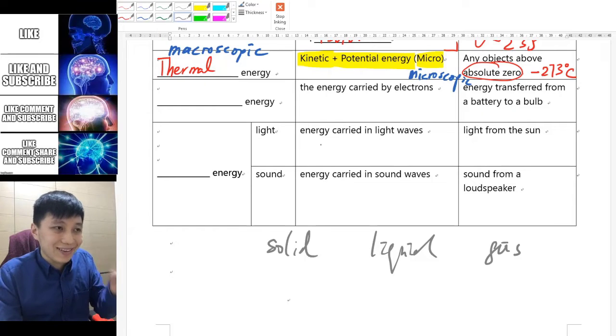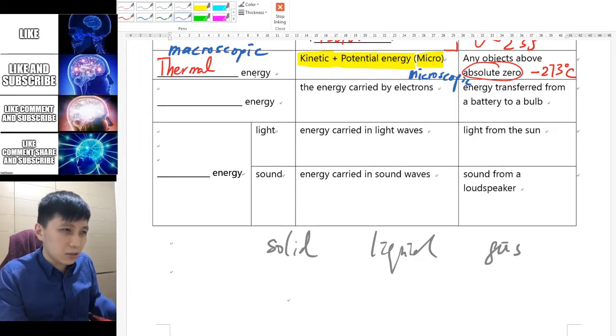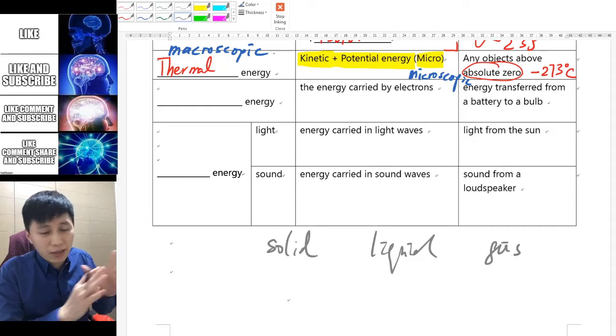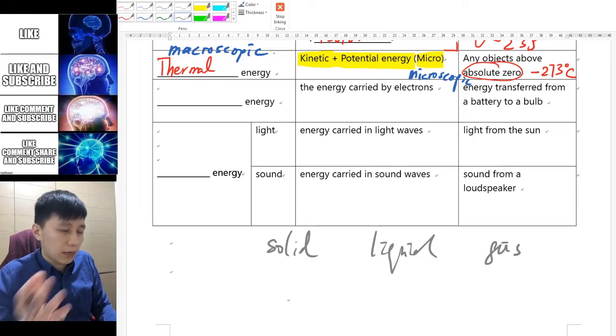And kinetic energy has something to do with the temperature: the faster they move, the greater kinetic energy they have. That's related to the temperature. Again, we'll talk more about this in a later chapter. So these two ideas are simply the same thing. It just depends on how we see them, microscopically or macroscopically.